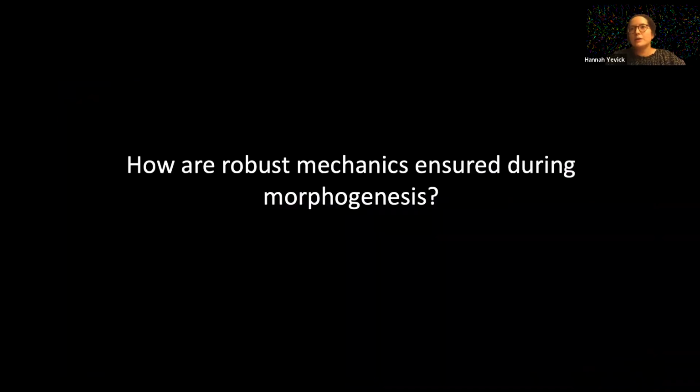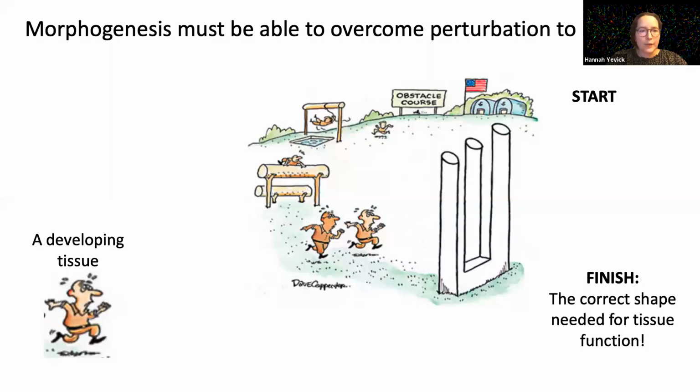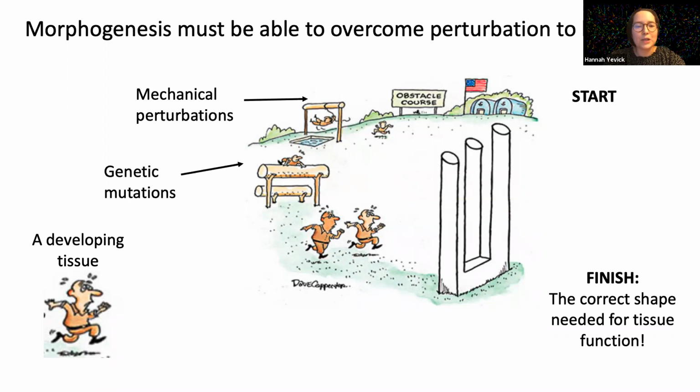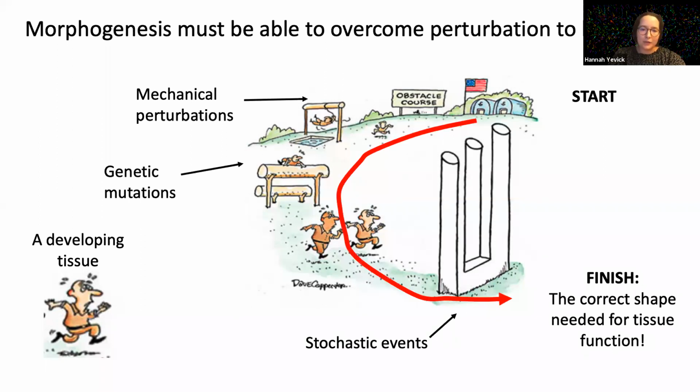So we wanted to understand, though, more deeply, how are robust mechanics ensured during morphogenesis? Morphogenesis must be able to overcome many different types of perturbations to be robust. As you can imagine, a developing tissue is confronted with mechanical perturbations, genetic mutations, or other types of stochastic events on its path towards its correct tissue shape.